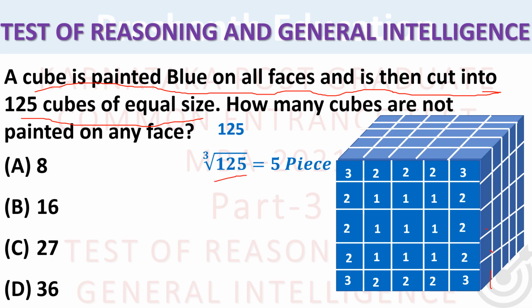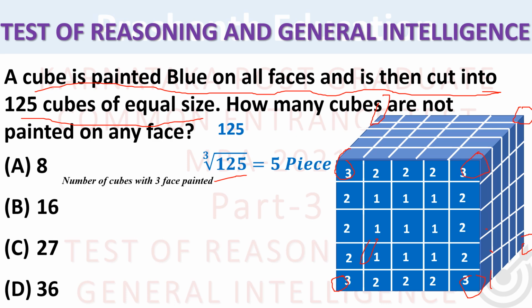Now let's take how many cubes have three faces painted. So this will be one, this is two, this is three, here it will be four, here five, here six, here seven, and this side it will be eight.